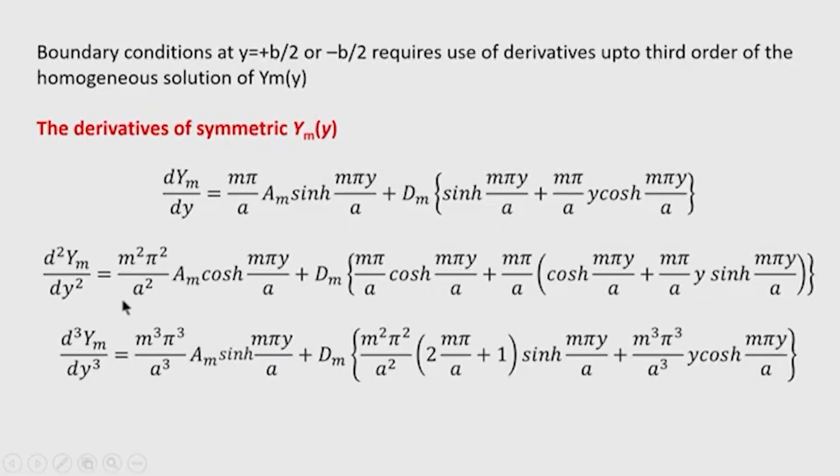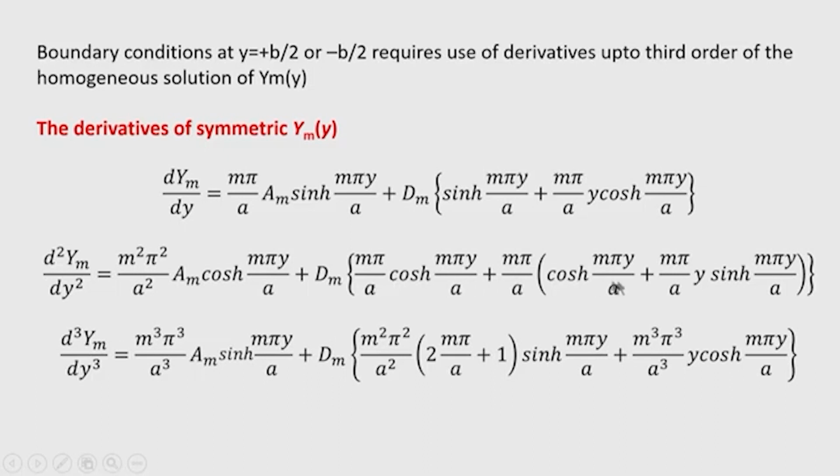Then if I differentiate further up to the third order, you can see that m cube pi cube by a cube is coming, and m pi by a has already come out inside, and cos hyperbolic is transformed to sin hyperbolic m pi y by a, plus d m.